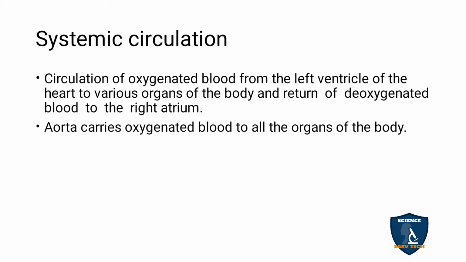Circulation of oxygenated blood from the left ventricle of the heart to the various organs of the body and return of deoxygenated blood to the right atrium. The aorta carries oxygenated blood to all parts of the body.